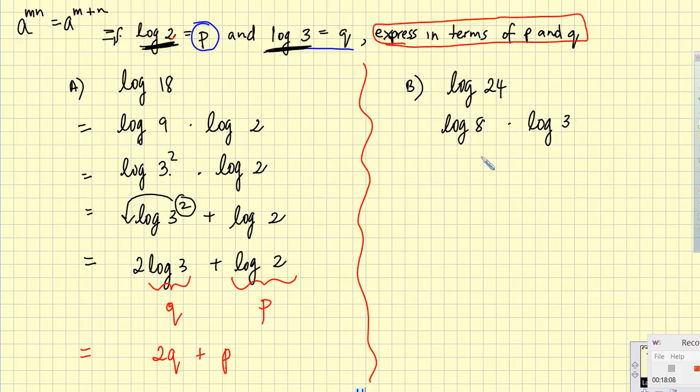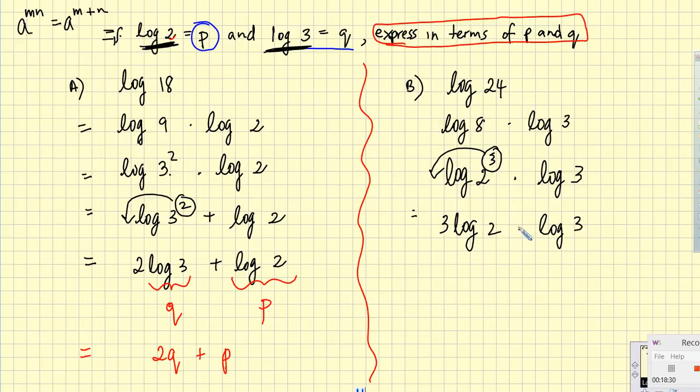Because I can now break down log of 8 into log of 2 raised to the power of 3. That gives me 8. And that's multiplied by the log of 3. Now I can bring this 3 out to the front, and it becomes 3 log of 2 times log of 3. Because it's multiplication, I'm going to rewrite it as 3 log of 2 plus the log of 3.